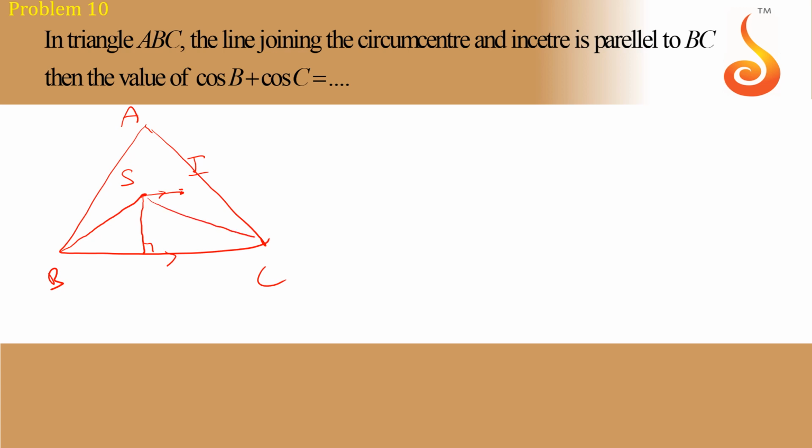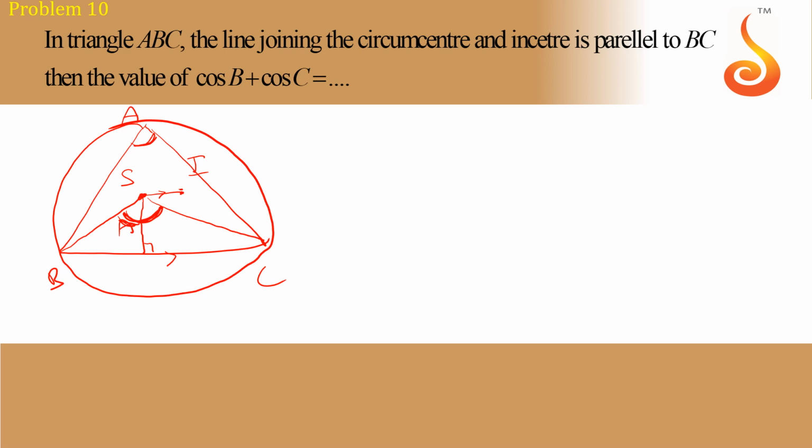Now if I join SB and SC, you know that there is a circumcircle for which S is the center and BC is the chord. BC makes here how much angle? Angle A. So this total angle will be 2A. So what will be this angle?